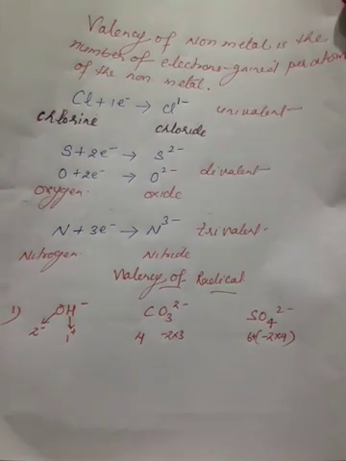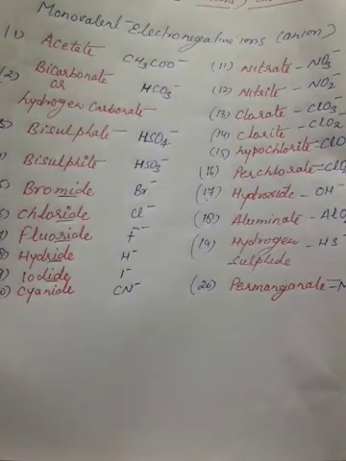Now we will see examples of first monovalent electronegative ions. They are also known as anions, or acid radicals. So I have written some examples, but how should you learn? First you find out electronegative radicals which are made up of only a single atom.